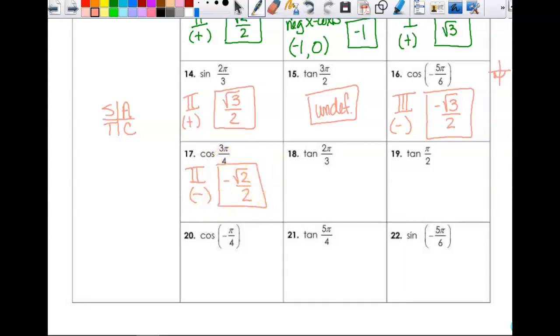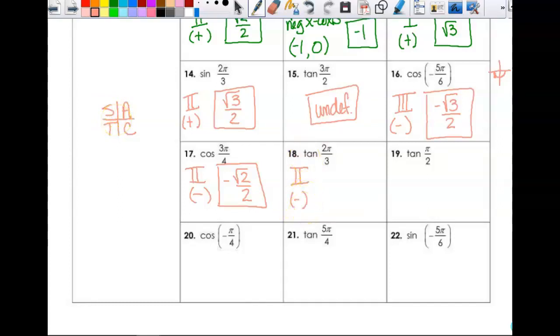All right. Isela is not here. Nyla, what'd you get for 18? Okay, it's in the second quadrant. So are we positive or negative for tangent? Sine is positive, which means tangent is negative. Okay.